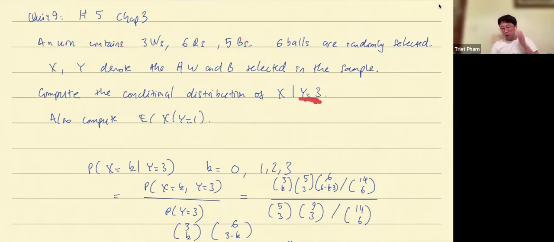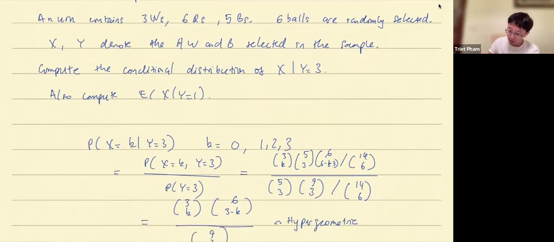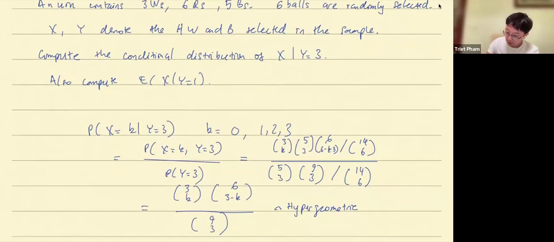But if you condition on the number of one of the categories, then it's sort of reduced to two categories. It's intuitive like that. So this is a hypergeometric with 3 from the first category, 6 from the second category, and then you're choosing a sample of size 3 out of it. Okay, any question?